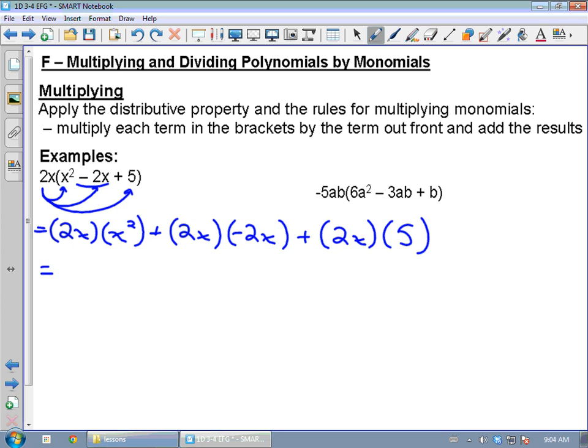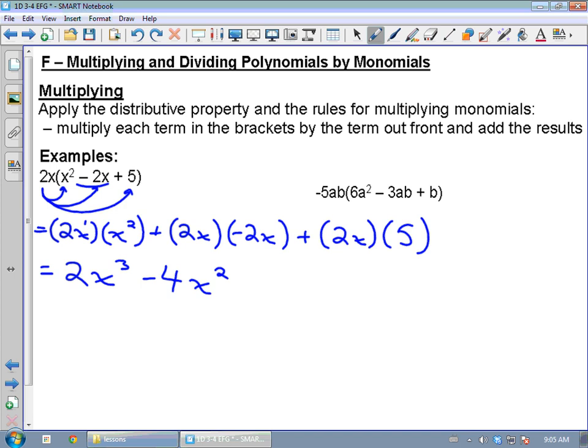2x times x squared, well, 2 times 1 gives us 2 for our coefficient. X to the power of 1 times x squared gives us x cubed. Next two monomials here, we have 2x times negative 2x. So 2 times negative 2 gives us a negative 4. X times x, we just add the exponents, x squared.